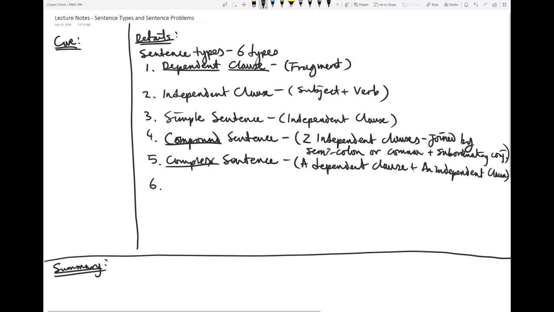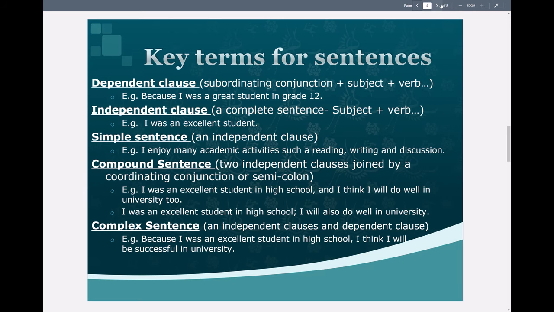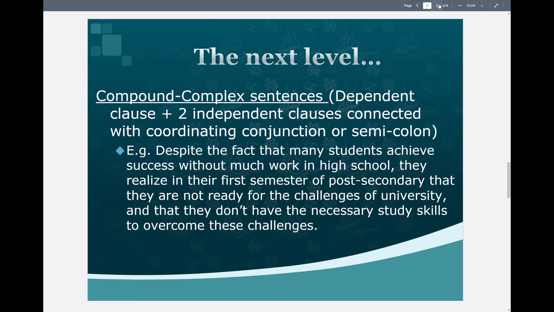Okay. Now the last type of sentence. Compound complex. Let's see if I wrote this correctly. Ah, yes. Okay.